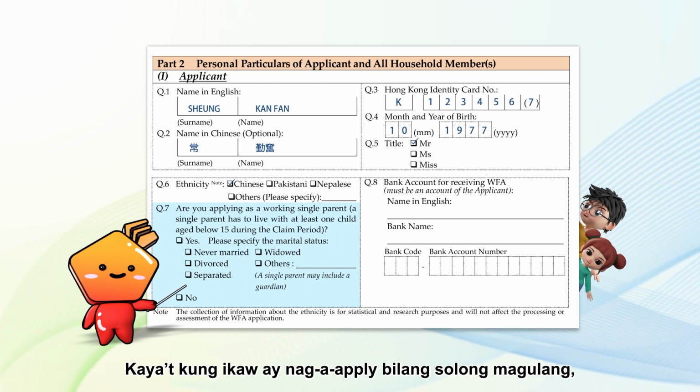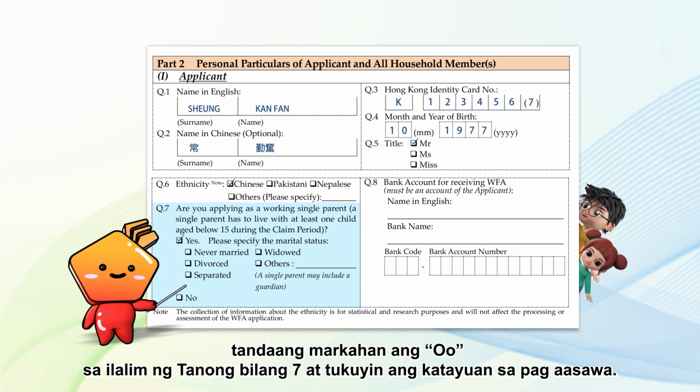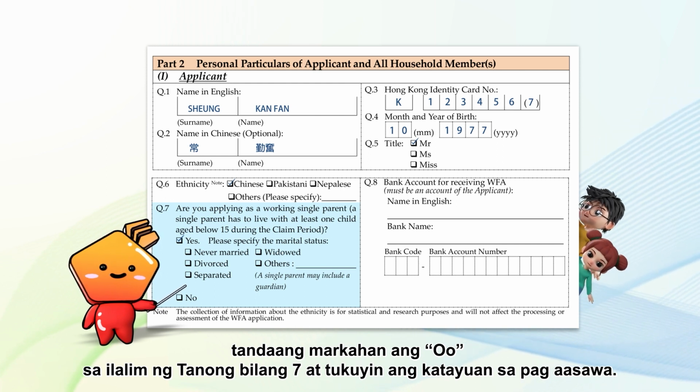So, if you are applying as a single parent, remember to tick Yes under question 7 and specify your marital status.